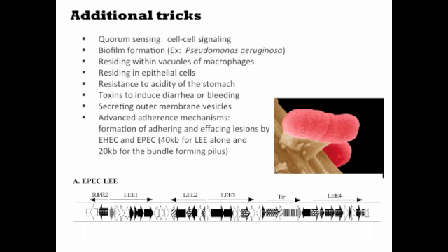If you're talking about the enterohemorrhagic E. coli, the one that's in the hamburgers, that does this really cool mechanism where it's 40 kb of genes just to do this. The bacterium will first express a pilus that allows it to adhere to the epithelial cells in your gut.